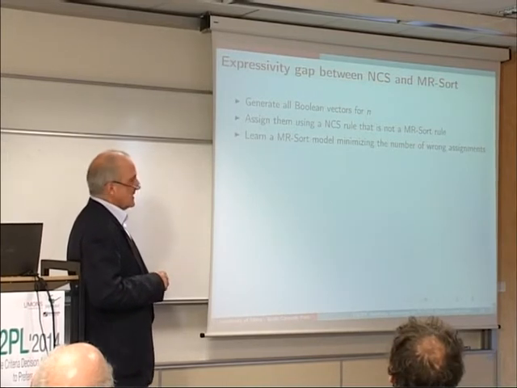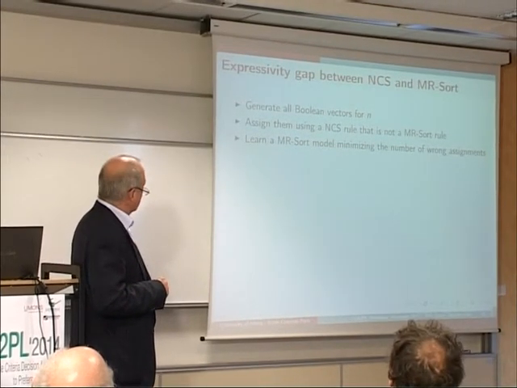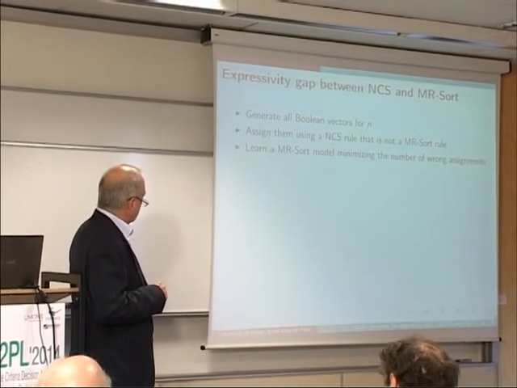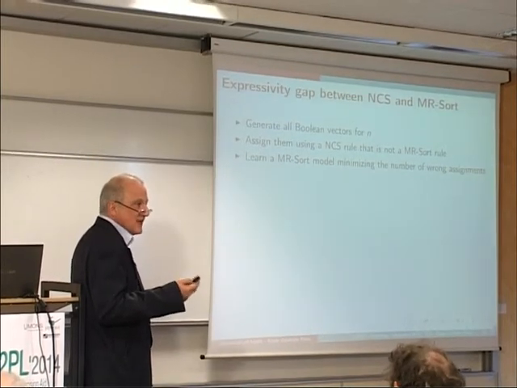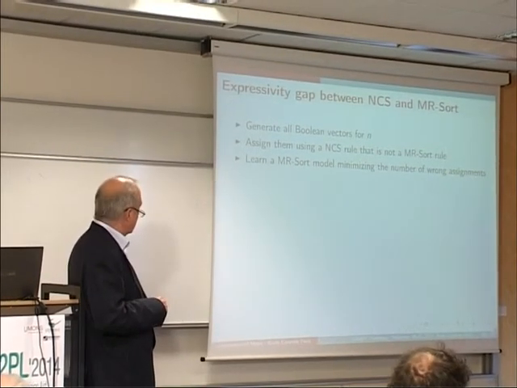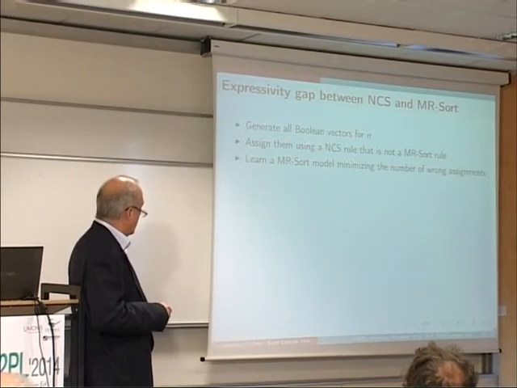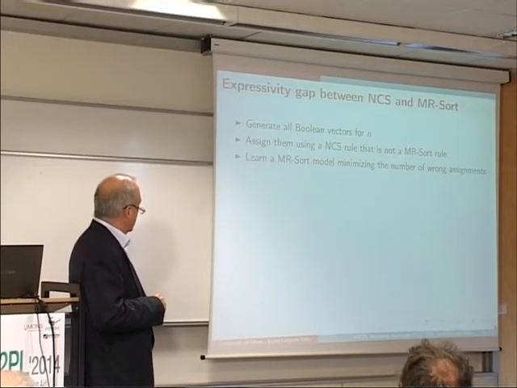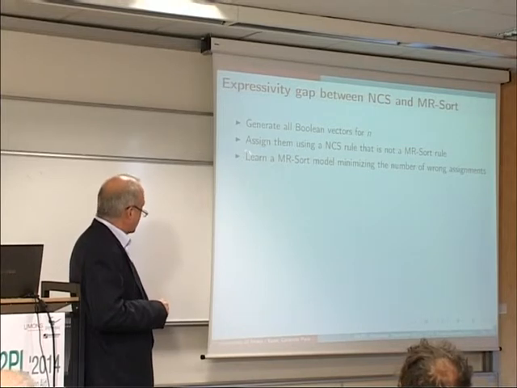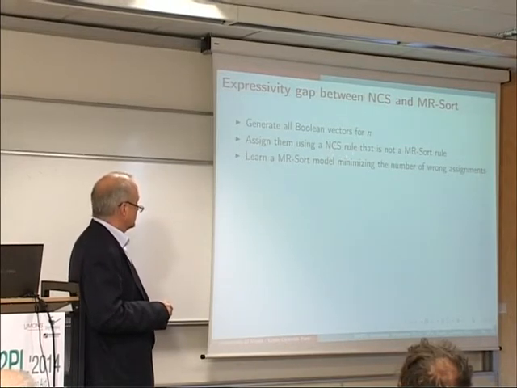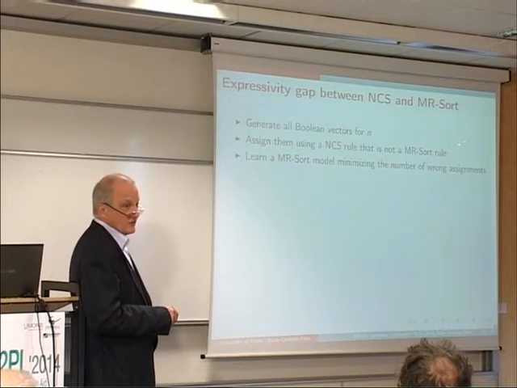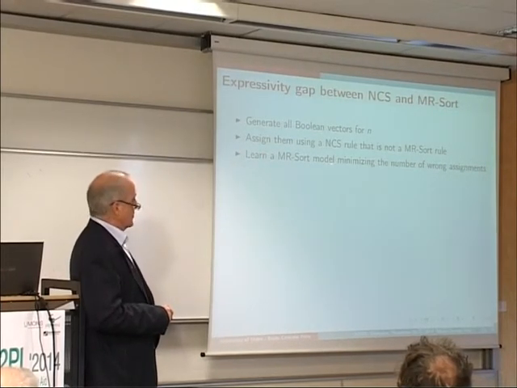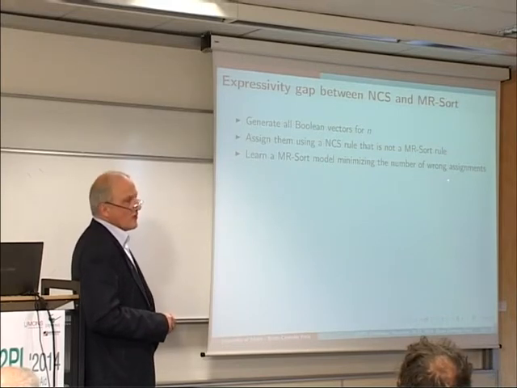So yesterday, Olivier explained that in order to test the difference of expressivity, he generated all Boolean vectors of n variables, assigned them using an NCS rule that is not an MR-sort rule, and then learned an MR-sort model minimizing the number of wrong assignments.